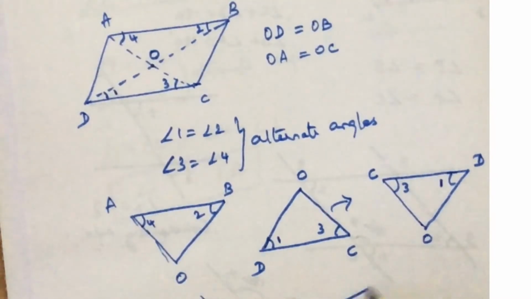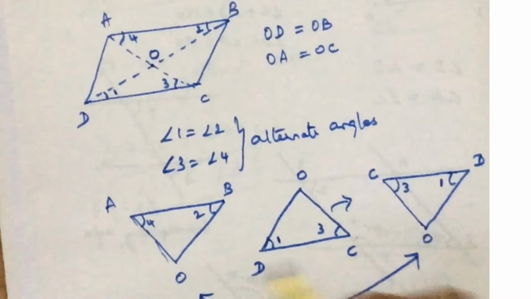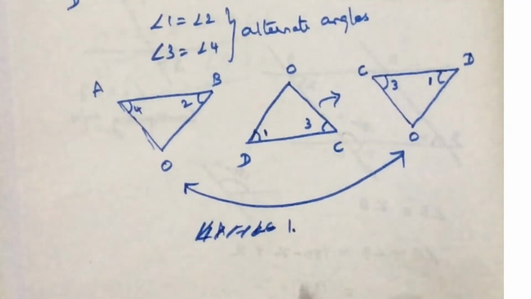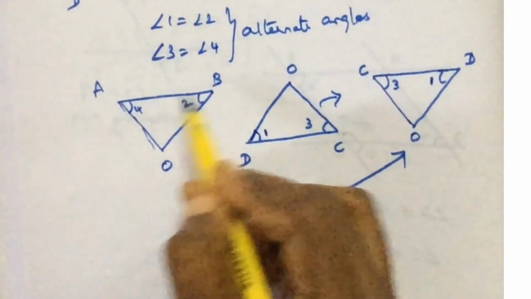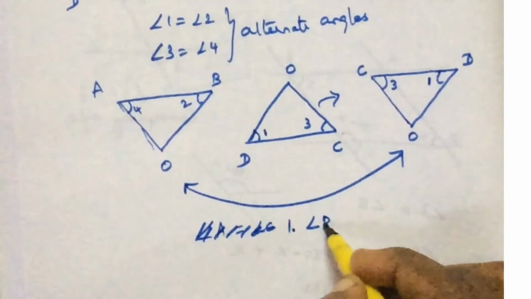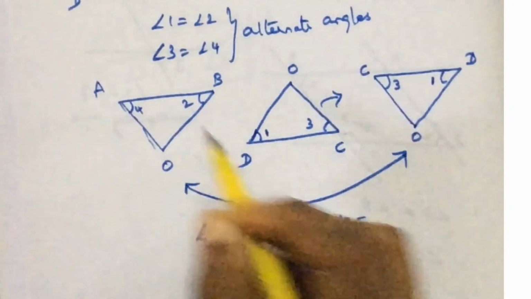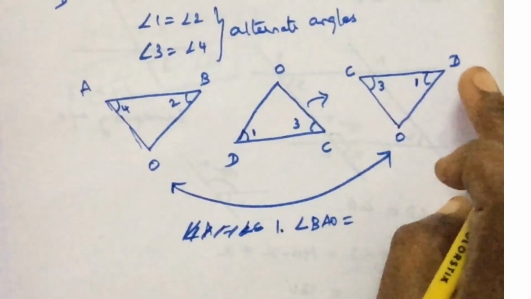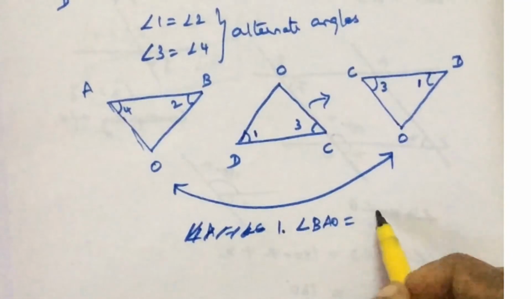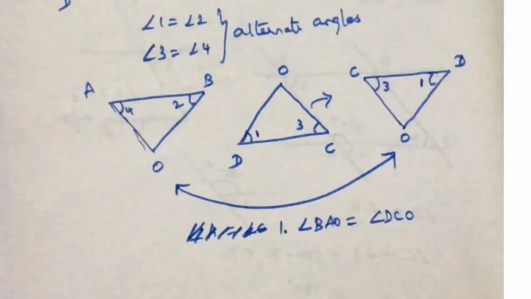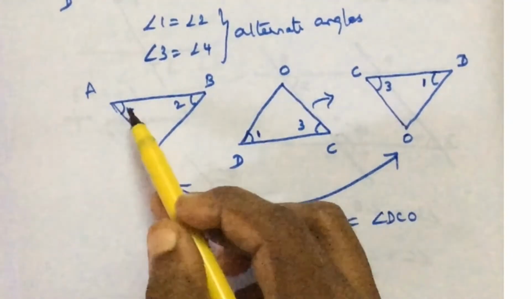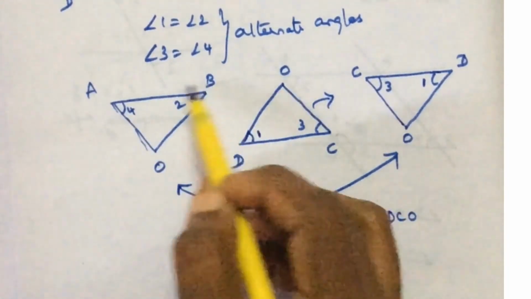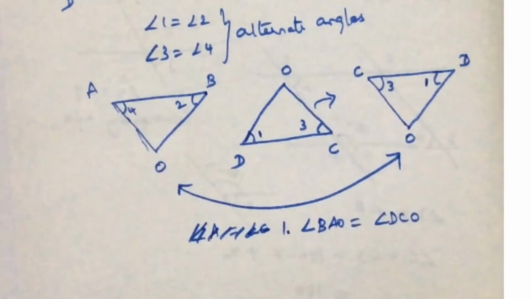So now if we compare these two triangles, the first thing we can say is angle BAO, that is angle 4, is equal to angle DCO. Which means angle 4 you can write as BAO, or else you can write OAB, either way.